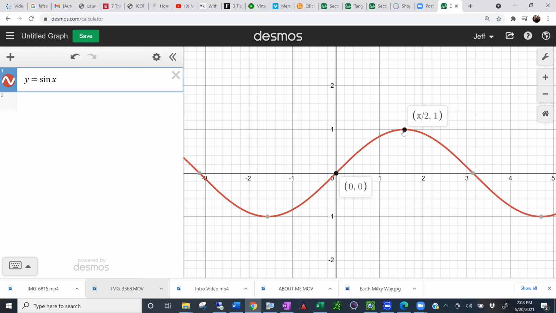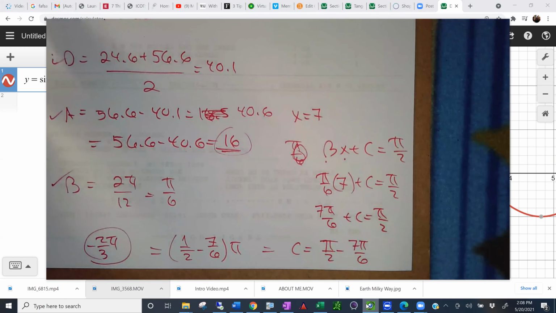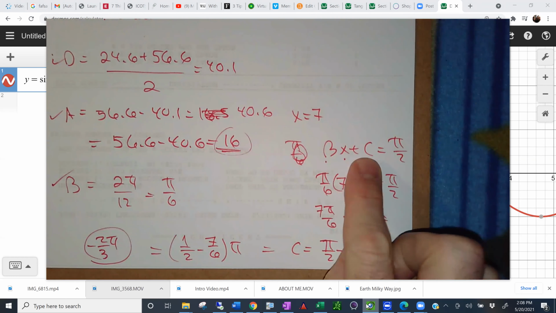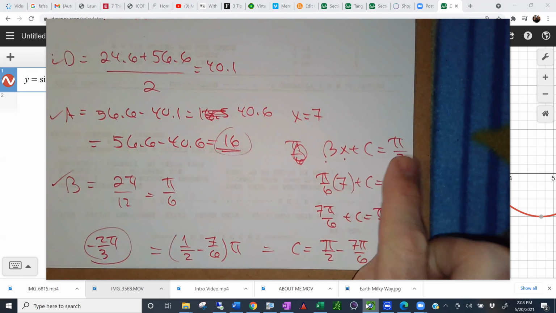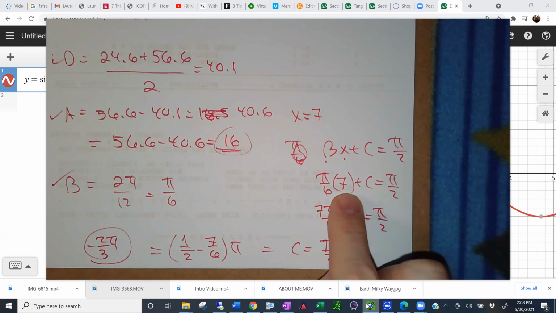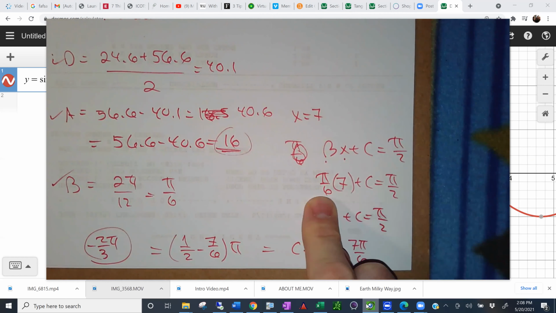So what we did was we said, you know what, we're going to reverse engineer this. I want to know for my values, when does pi over 2 occur? And I know it occurs in this data set when x equals 7, that is July. We'd already solved for B. So plugging in that, I solved for C.